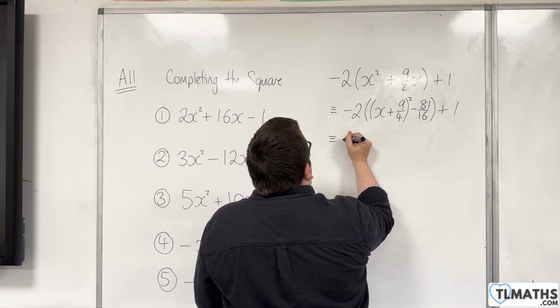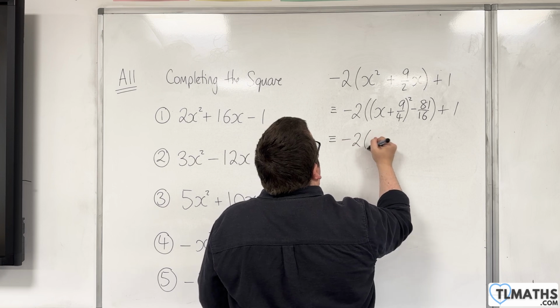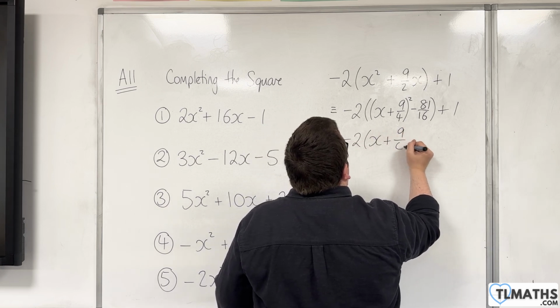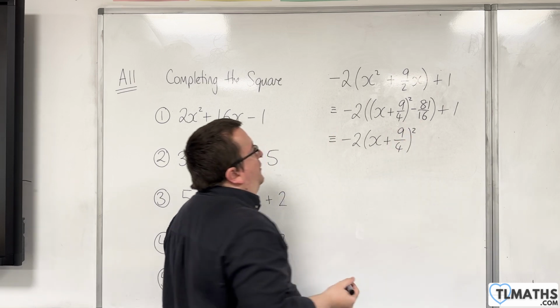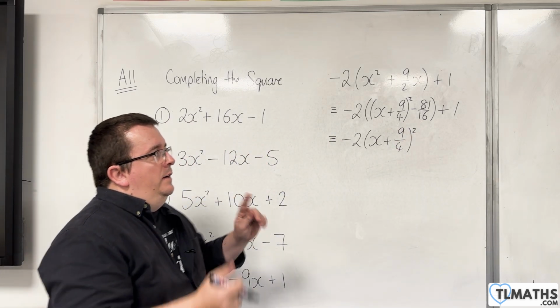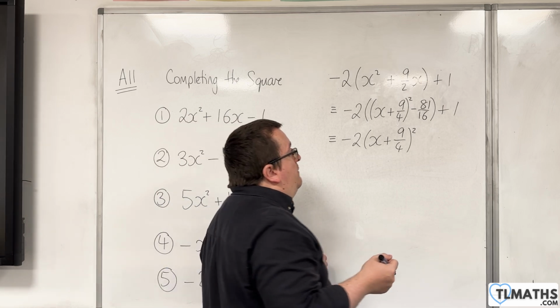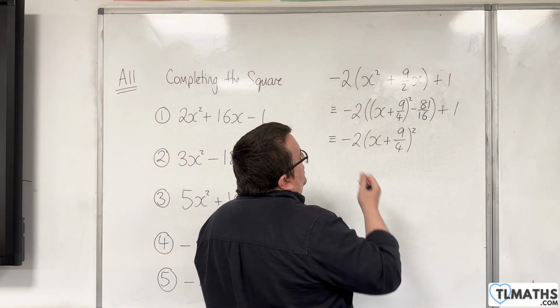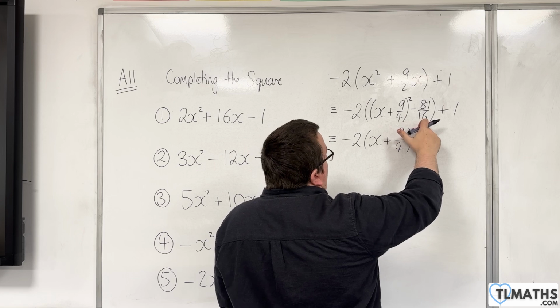So then we need to multiply out the brackets. Minus 2 times this bracket, minus 2 lots of x plus 9 quarters squared. Then minus 2 times minus 81 over 16. So the two minuses knock each other out. And 81 over 16 times 2, you can do more easily by dividing the bottom by 2. It's the same thing, okay?